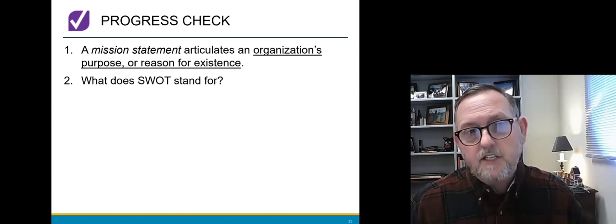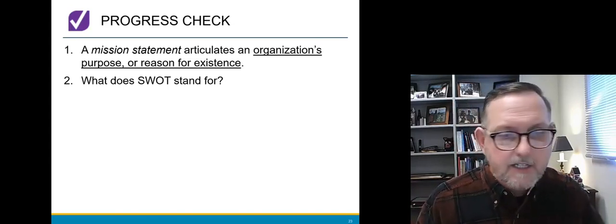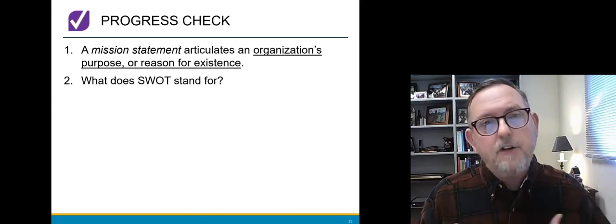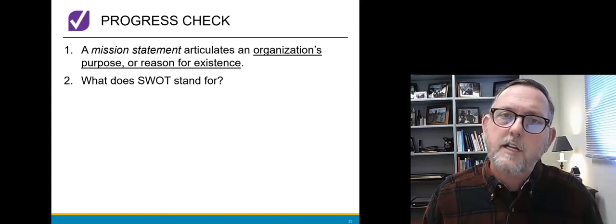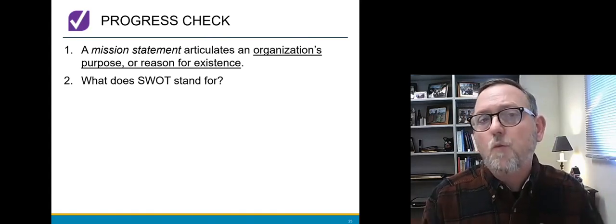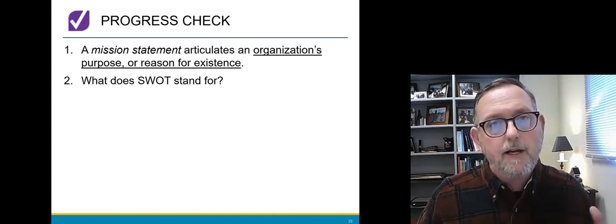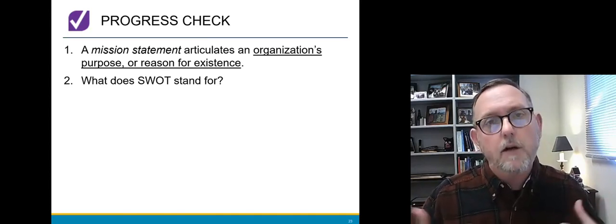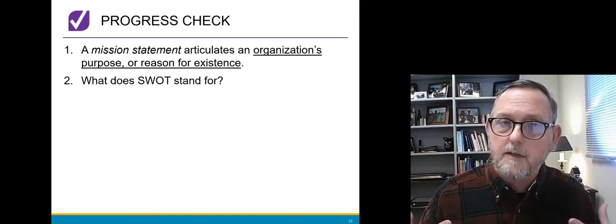Okay, then we jumped into the second stage of the plan, where we evaluate what's going on. Now, the SWOT analysis, SWOT, strength, weakness, opportunity, and threat, is one way we can do an evaluation. It's a common way. It's not the only way, but it's one way we can do step 2 in this marketing plan process.